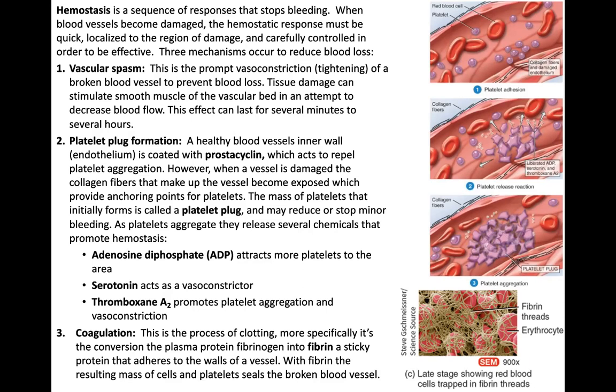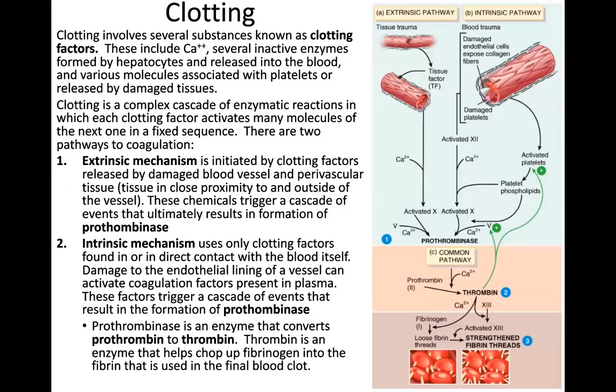But I really shouldn't even say permanent, because this isn't going to stay in there forever. We want to remove clots once we've got everything fixed up, but it's, I guess, more permanent than platelet plugs are. So how do we get to that formation of the fibrin and stuff stuck to it?